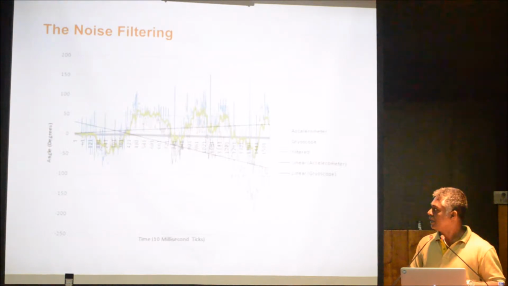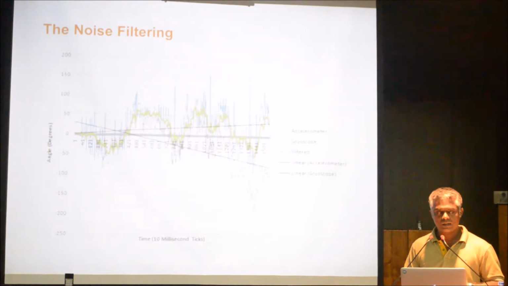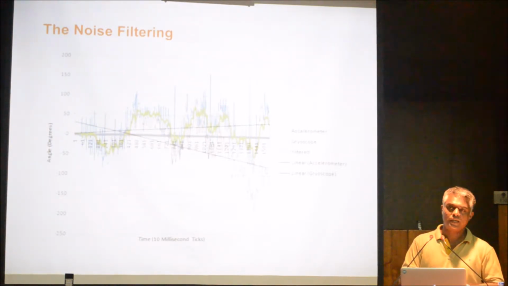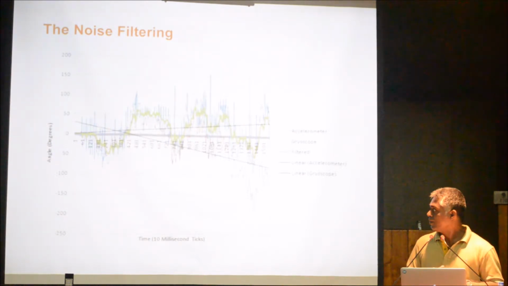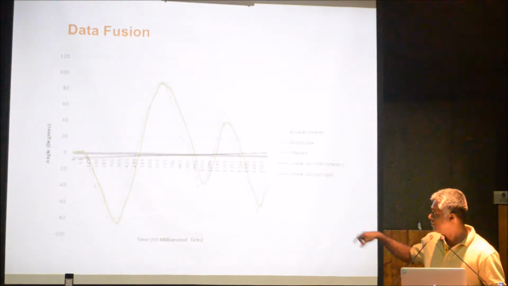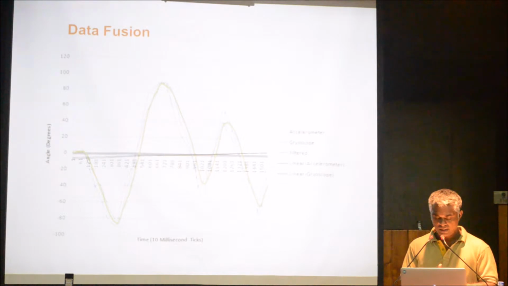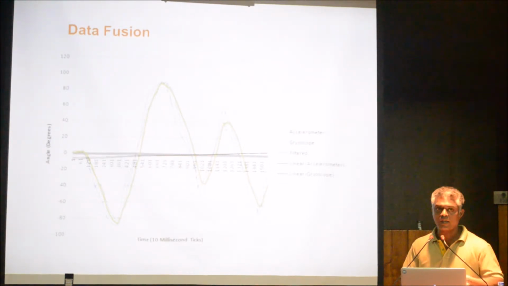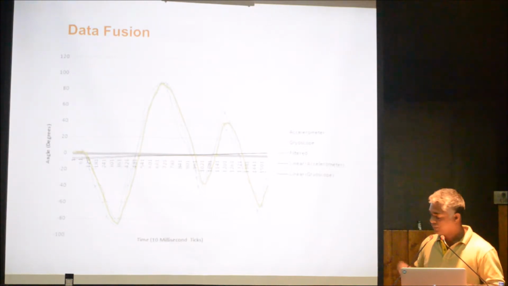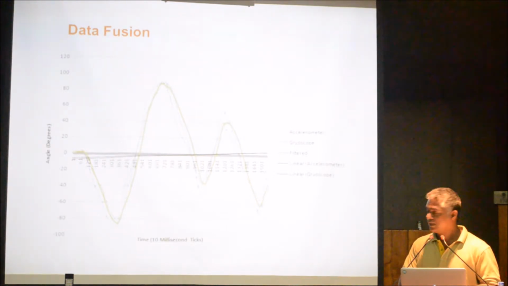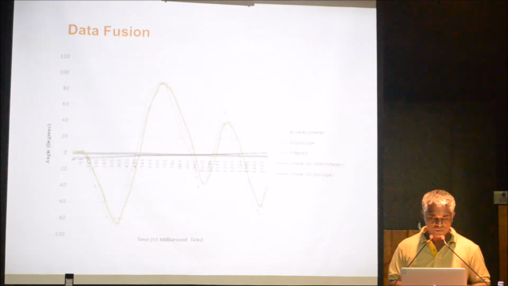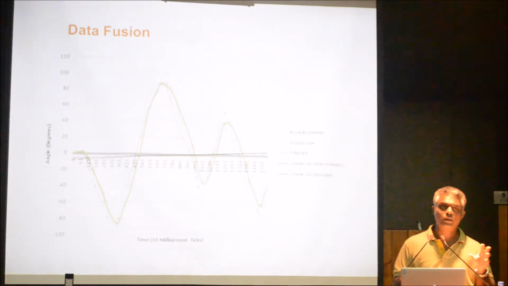A good example is the open source algorithm, the Kalman filter. By doing that filtration, we filter out noise, and then we fuse the accelerometer data and the gyroscopic data and create more accurate information about the position and the orientation, which is far more accurate than their raw values.